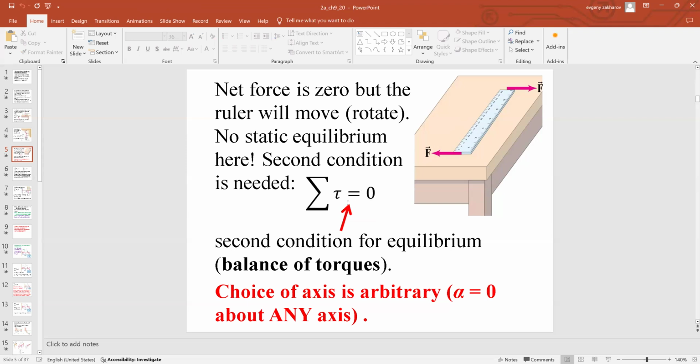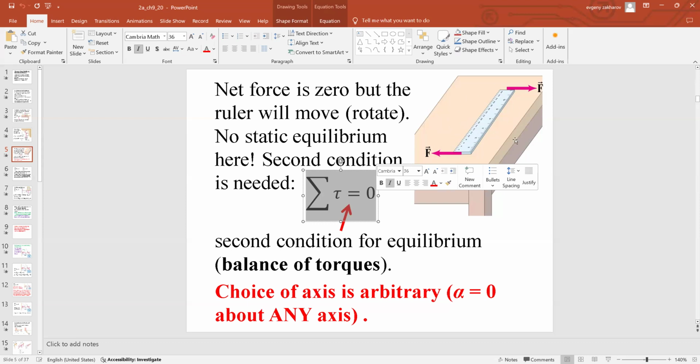So in order to make sure that there's no rotation, you set the net external torque equal to 0. There can be some stable rotation, but linear acceleration must be 0, and therefore the net external torque is 0.